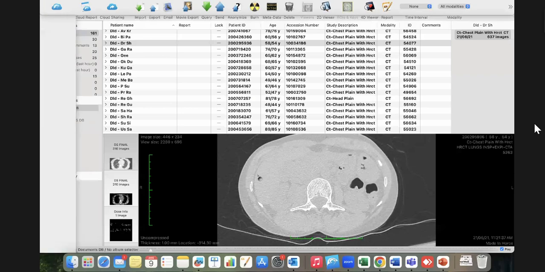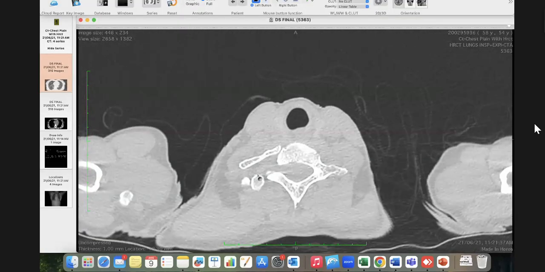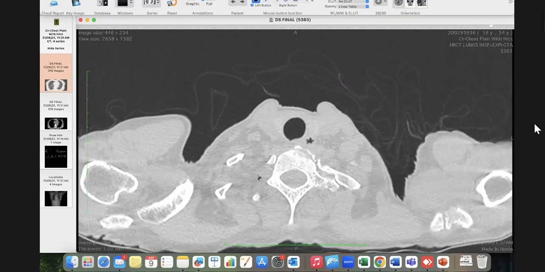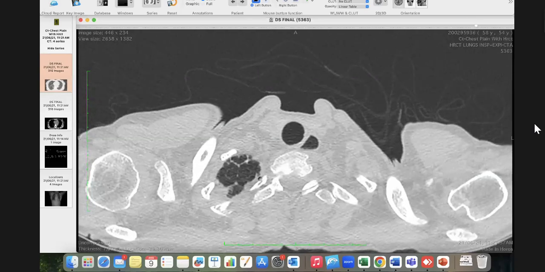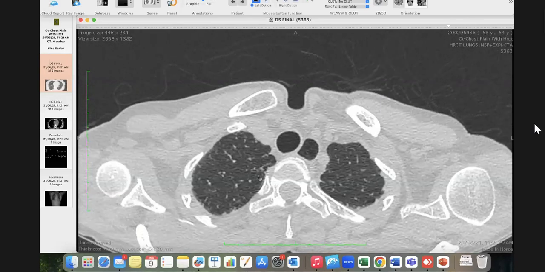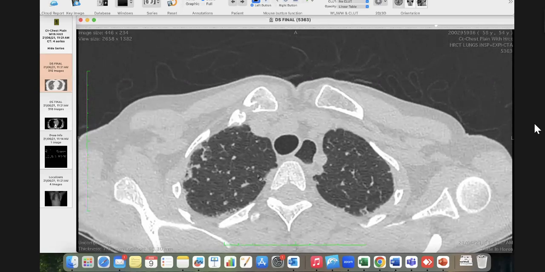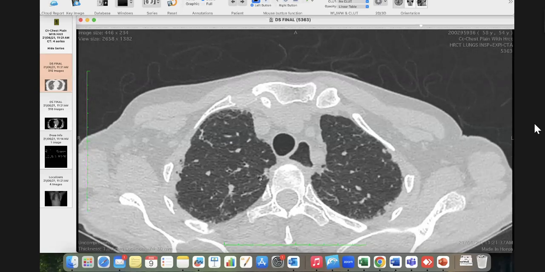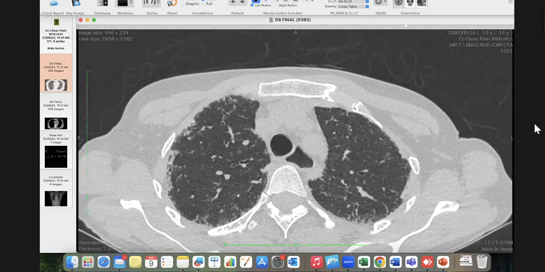a gentleman in the 70s, shortness of breath. Same findings, reticulation, traction bronchiectasis.